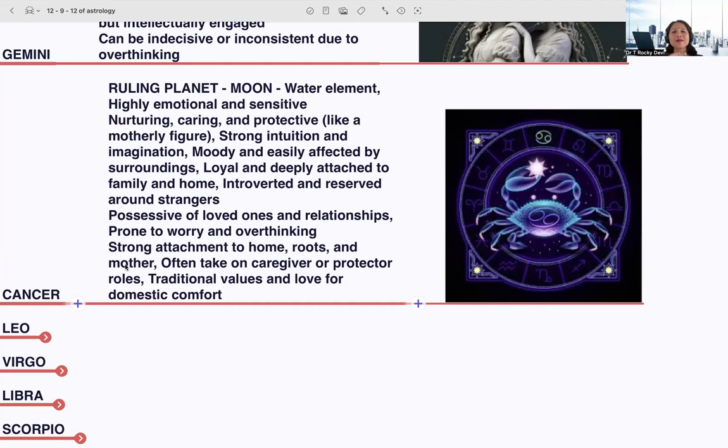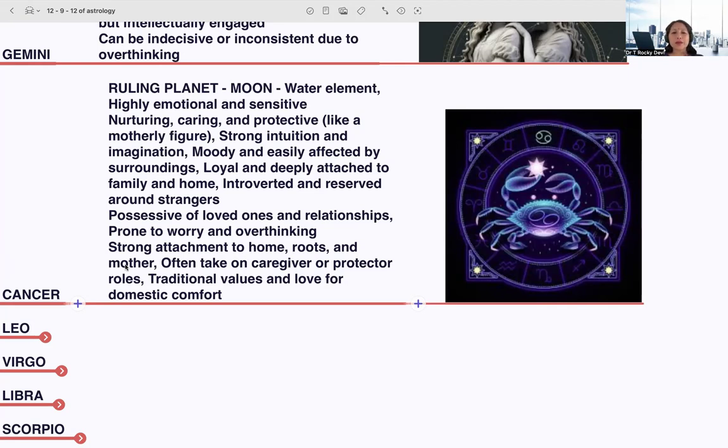So there is a reason, the moon being the ruling planet in Cancer, which is Karkat or Kadagam. In this particular sign, they are highly emotional and sensitive, nurturing, caring, as well as protective, like a mother.